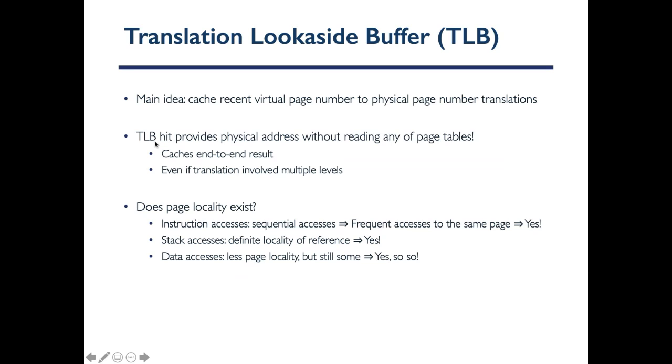Whenever I'm talking about TLB, it's just another cache, a special purpose cache that we're going to use for address translation. If I hit in TLB, it means that I don't need to walk through my page table, let's say 5 times, to translate. But if I miss in TLB, then I have to initiate my page walk.